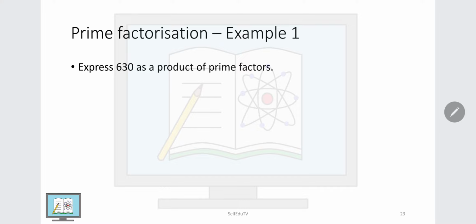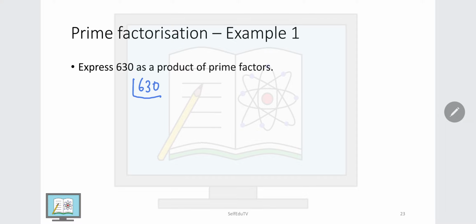The last part of this video will be about prime factorization. How to do prime factorization? For example, if I want to express 630 as a product of prime factors, it is very easy. You just continue to divide 630 by prime numbers.